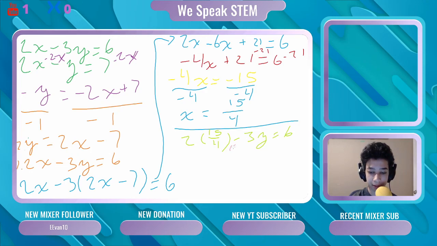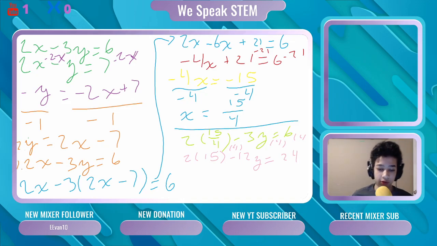So multiply that by 4, multiply that by 4, multiply that by 4. And then we're going to have 2 times 15 minus 12y equals 24. And then to simplify that further, 30 minus 12y equals 24.